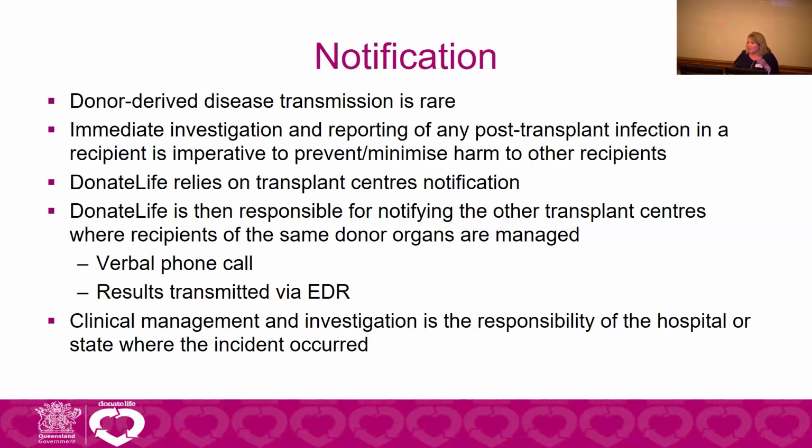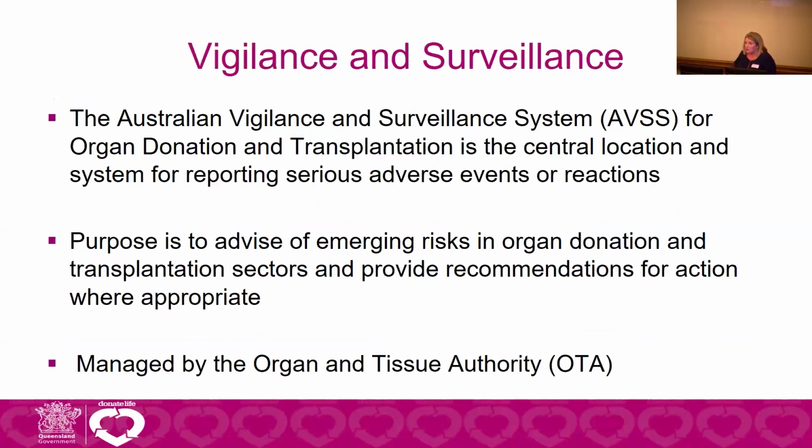I was also asked to talk about what we actually do further to that. So if there is any donor-derived or any adverse events that occur, the clinical management and investigation within organ donation occurs at the hospital and the state level. But in Australia, we have the vigilance and surveillance system for organ donation and transplantation, which is a centrally located system for reporting serious adverse events or reactions.